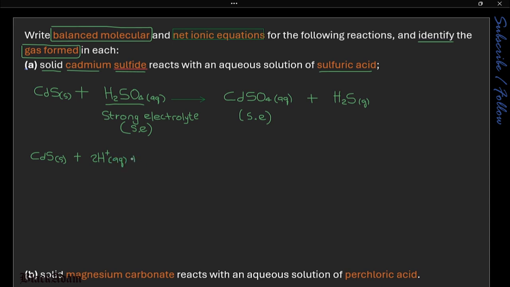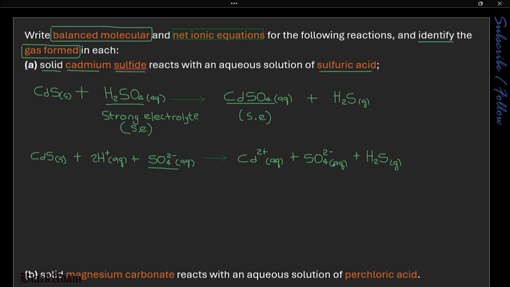So that would be 2 H plus, and then we have the sulfate ion, and then we also have the cadmium ion in ionic form, and sulfate also in aqueous, that's ionic form. And then we have hydrogen sulfide, which is gas.